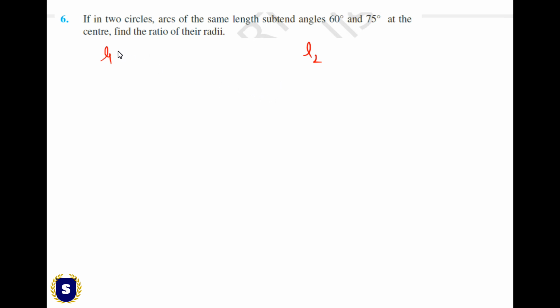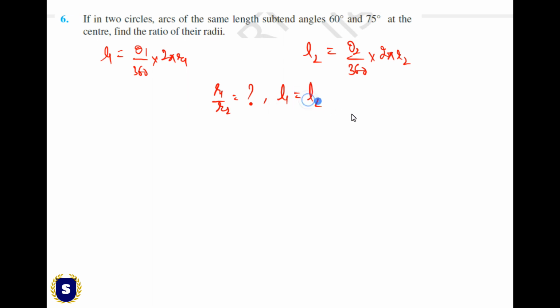The formula for L1 is theta 1 by 360 into 2 pi r1, and the formula for L2 is theta 2 by 360 into 2 pi r2. We need to calculate the ratio of their radii, that is r1 by r2. This is what we have to calculate, and what is given to us is L1 is equal to L2.